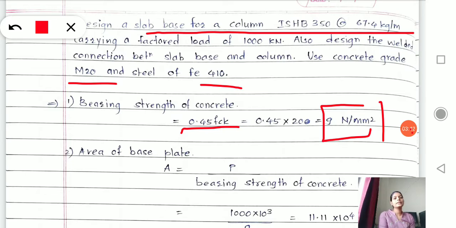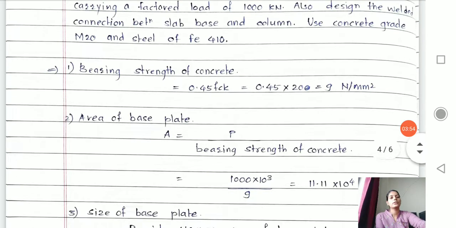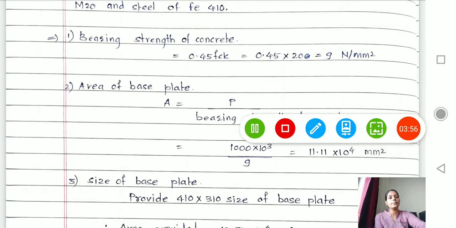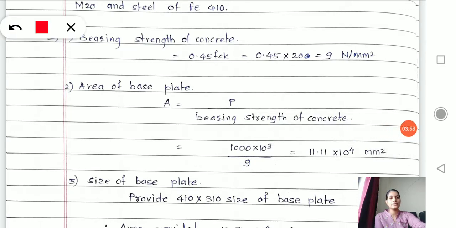Next step is the area of the base plate. How do we calculate area? Area will be force divided by stress or strength. The force coming upon our section is 1000 kN, given in the question.